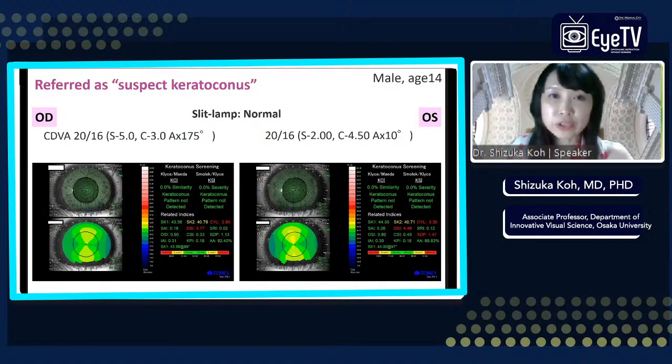Let me share with you interesting cases. A 14-year-old male was referred as suspect keratoconus. He had high astigmatism in both eyes, here and here. He reported no keratoconus-related factors. No abnormality was detected in both eyes based on the Placido topography, as you see here.